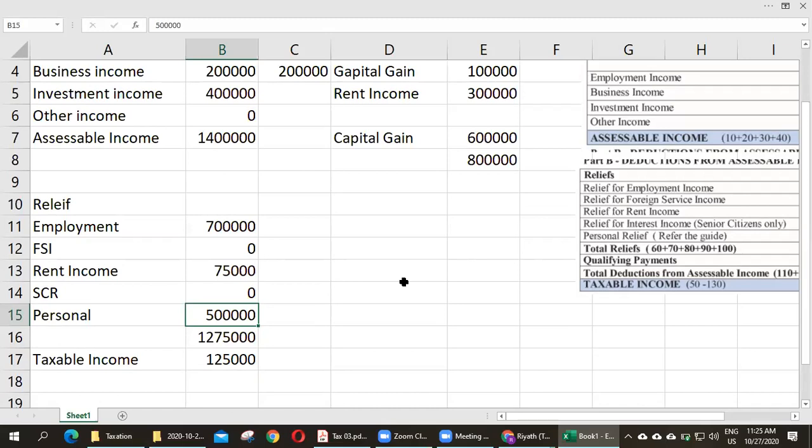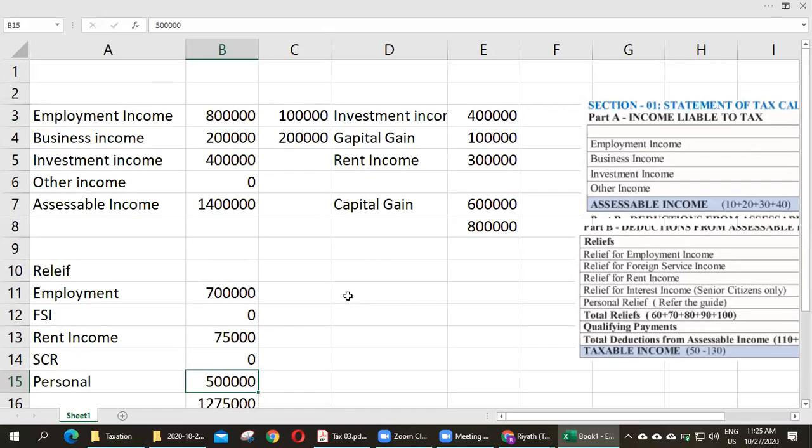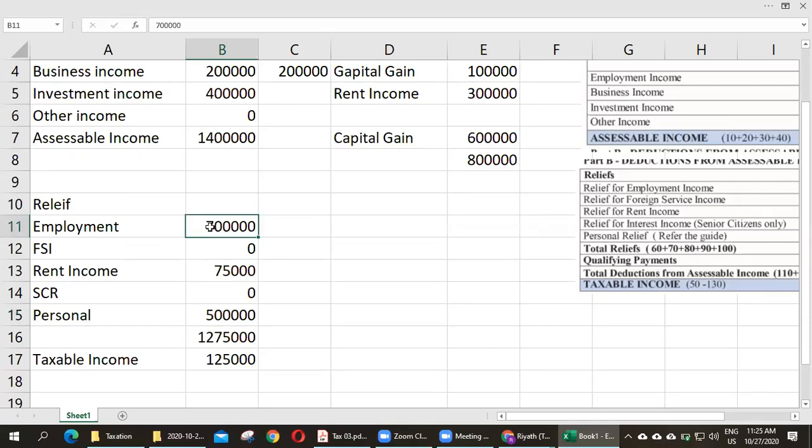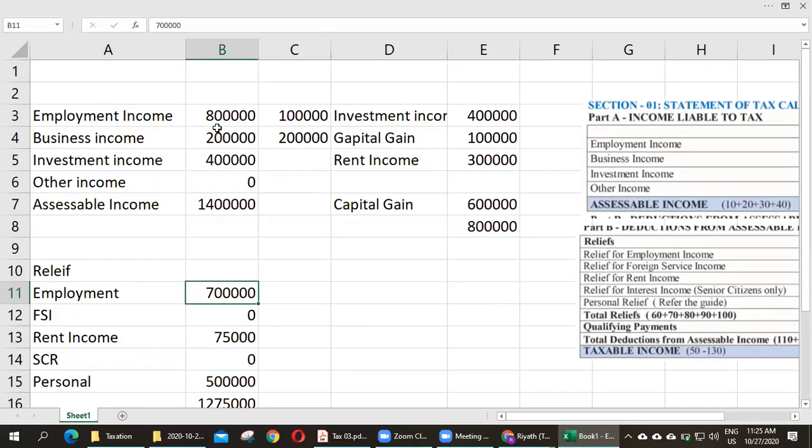Therefore, what he does is first he claims 700,000 for his employment income, right? And second, he claims how much balance? He already claimed 700,000 relief out of this 800,000, so balance how much? 100,000.